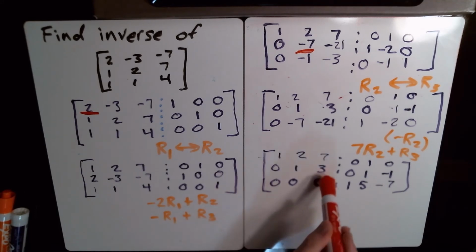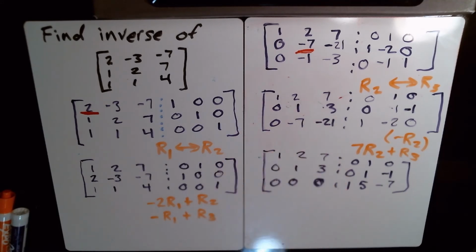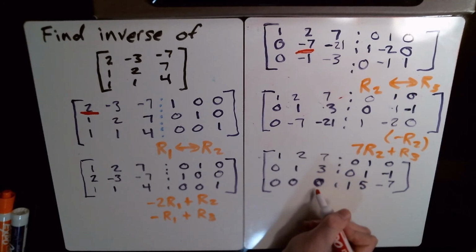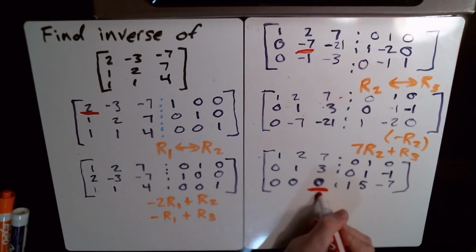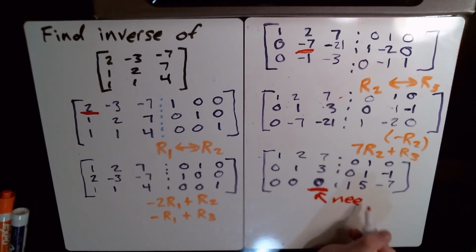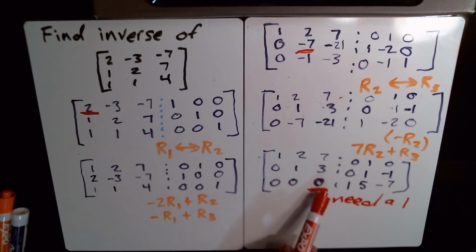For this to become the identity matrix here, I would need to get a 1 right here. I really like that red. It's really bright. Okay. We need a 1 right at that position for it to work.